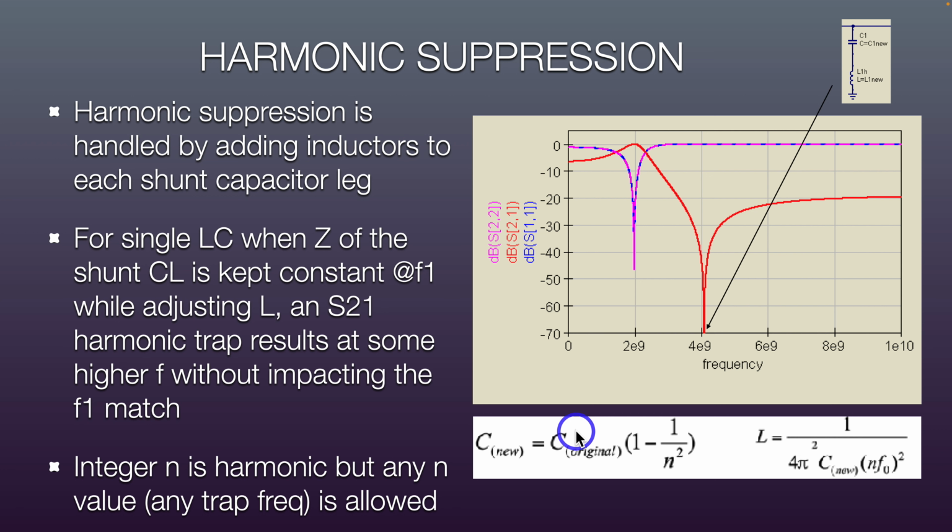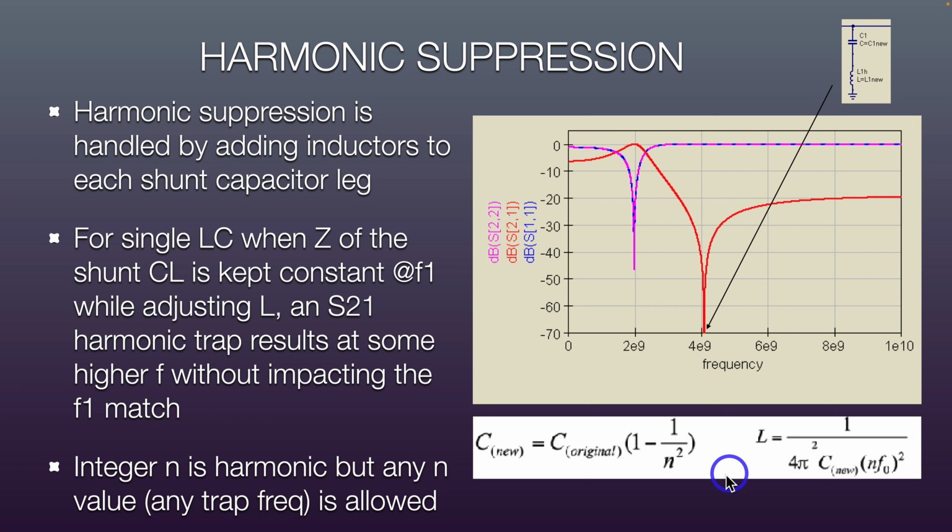Okay, now the next topic I'm going to cover here is harmonic suppression. Harmonic suppression is useful where you're going to add an inductor into the leg of each capacitor, or one or more capacitors, so that you can create a harmonic suppression element. The equations that I've got down here allow you to adjust the position of this harmonic suppression trough anywhere in the frequency that you want without affecting the match at the target frequency.